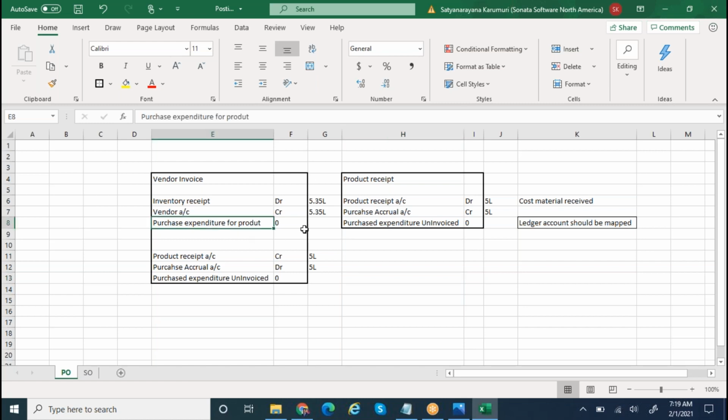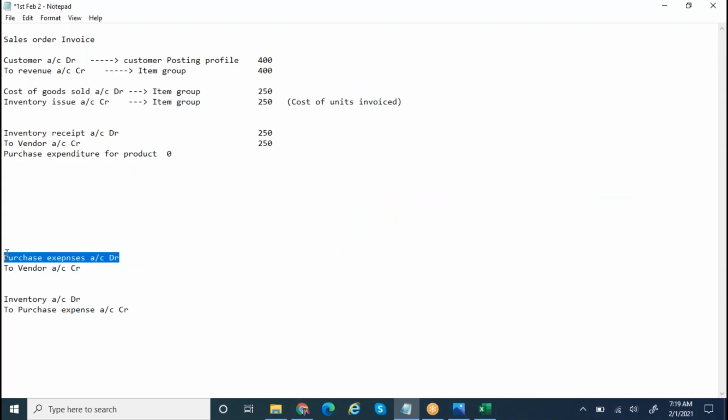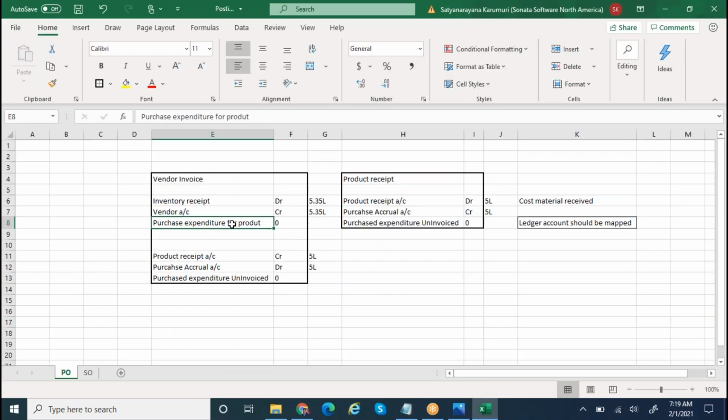I have not explained about this zero yet. You will understand this point later during international invoices, exports and imports. During imports, you will understand this point. We'll discuss.